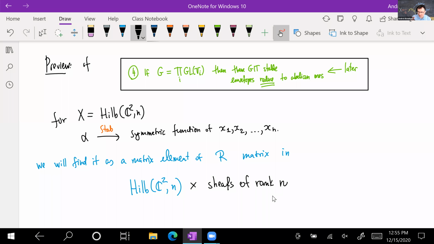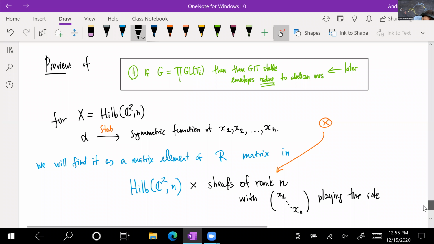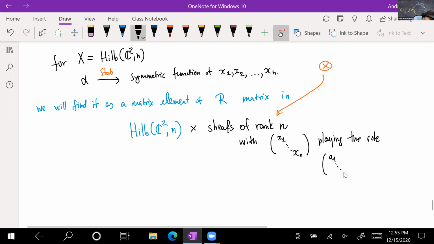So you take n, this corresponds to n copies of the defining representation, with x1 through xn playing the role of what we normally call a1 through an in GL n-dimensional space, framing variables.